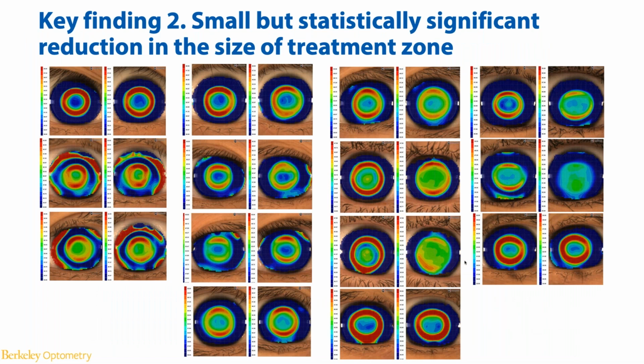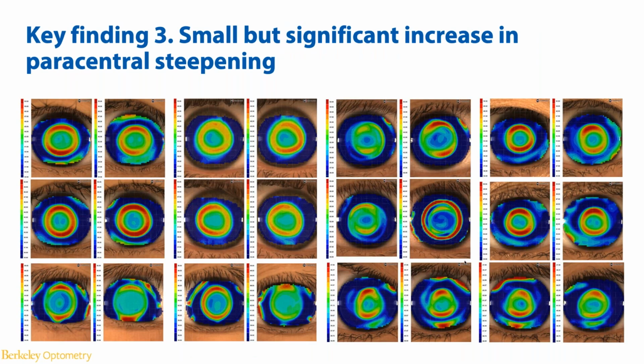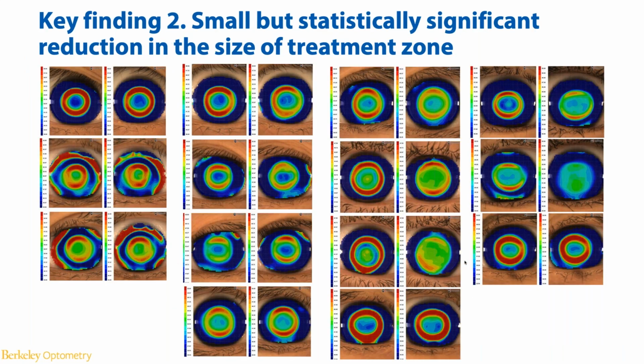Basically, the 5mm OZ produced a small but statistically significant reduction in the size of the treatment zone. So I'm showing you all of the eyes included in the study, with this page showing the first half, and this page showing the second half. Again, I'm not selectively showing you some differences; instead I'm showing you all of the eyes that participated in the study.